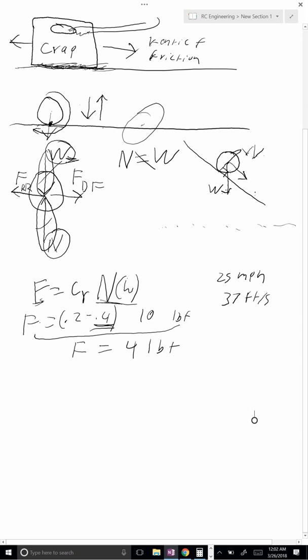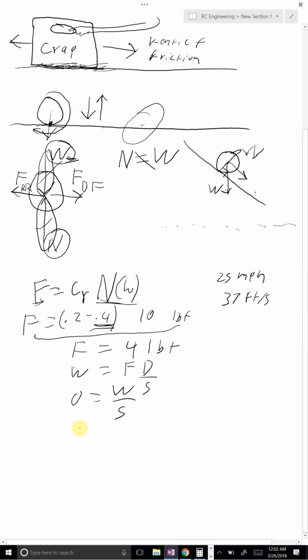So 4 pound force, 37 feet per second. So we need to turn this into work. So work is equal to force times distance. And then if distance is over seconds, that's equal to power. Power is equal to work over time.